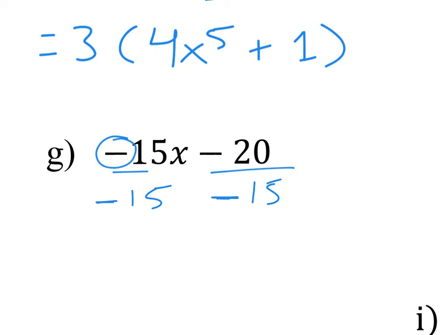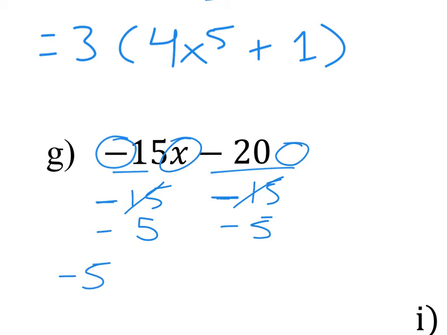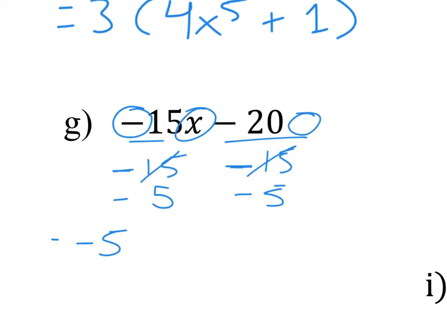But no, we have to try other numbers that can go into that 15 and into that 20. So if I look at my multiplication table, what else goes into a 15? The next greatest number is a 5. Does a 5 evenly go into a 15 and into a 20? Yeah. So then I'm going to take out a negative 5, and now let's look at my variables. 1x, no x. So I'm going to take out just the negative 5 because that's all that can come out.